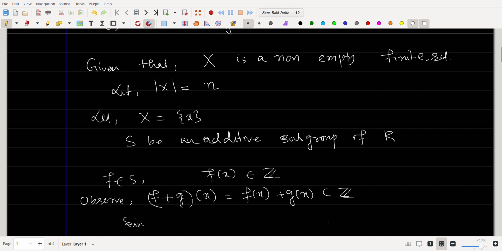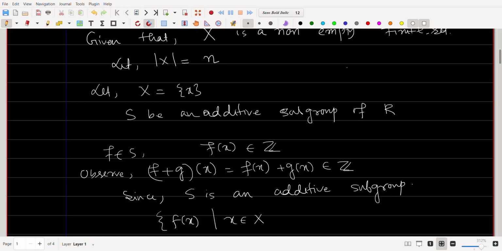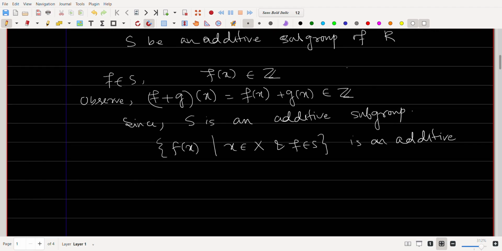And since S is an additive subgroup, the collection of f(x) such that x belongs to X and f belongs to S is an additive subgroup of Z, by definition, because here X is a singleton, right?